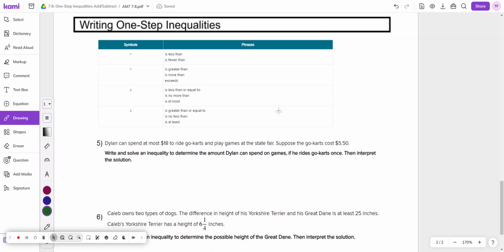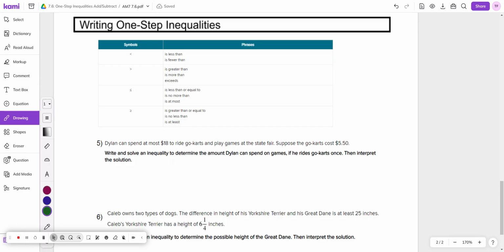All right, writing one-step inequalities. So here are a few phrases that are going to help you think about what kind of inequality symbol you're going to need. So Dylan can spend at most $18 to ride go-karts and play games at the state fair. Suppose the go-karts cost $5.50.